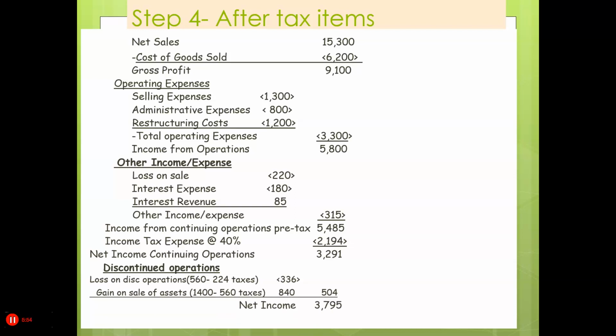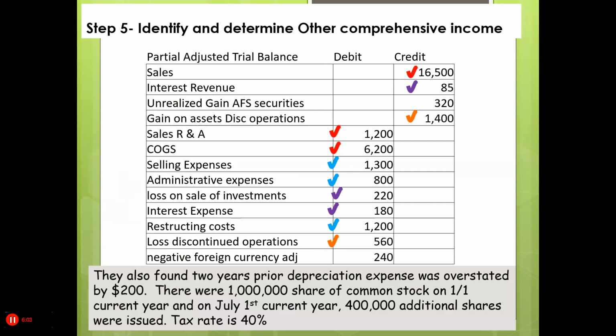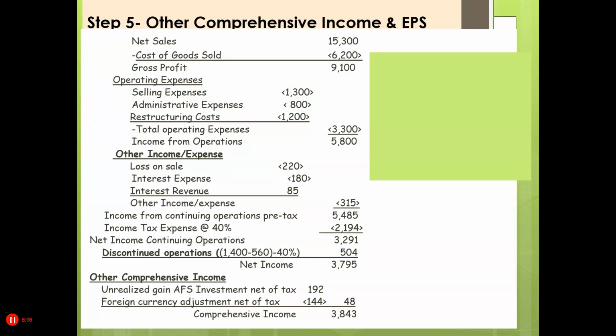And so we're showing the assets and the loss, and we have a net amount of 504 that would be added to net income. Now we're going to look for other comprehensive income. We have unrealized gain, and we have foreign currency adjustment. So now we can adjust for that, and we have now comprehensive income. And there I'm showing you how I got them, because these are always net of tax.